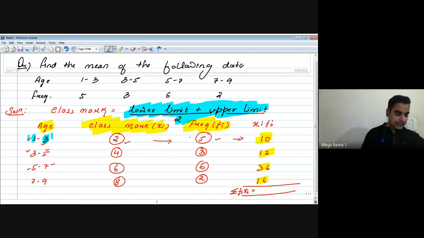You are getting 74, okay, and we need to add the value of frequency also. So if you add the values of frequency, summation fi, what will you get? 16. Okay, that's the value of 16.